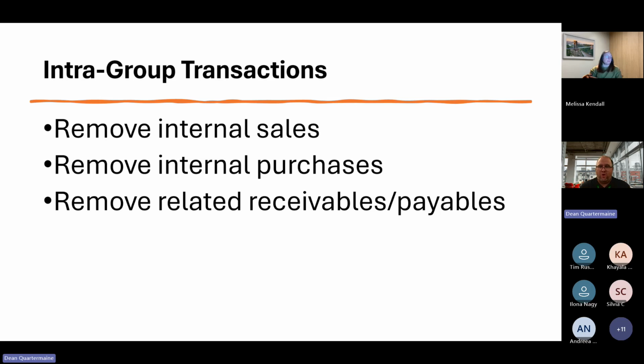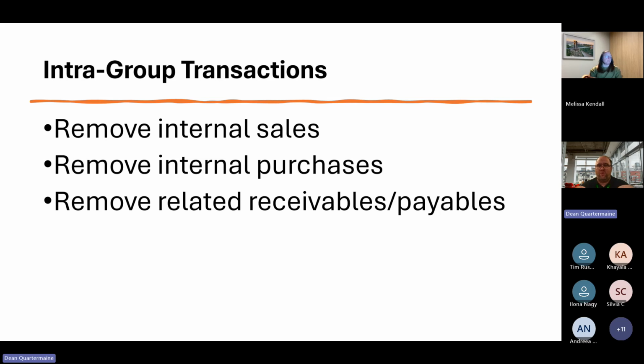So we're going to remove all internal sales across the group, all internal purchases, and remove any related receivables and payables across the group. We don't want to see the effects of any sales or purchases, or any receivables or payable balances between parents and subsidiaries, because we are all just one economic entity.